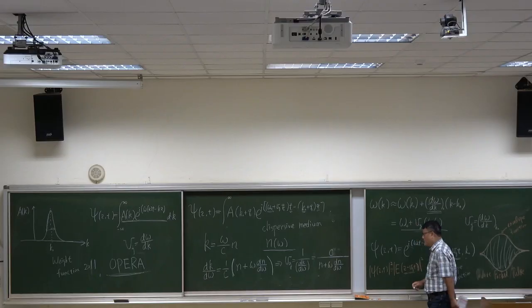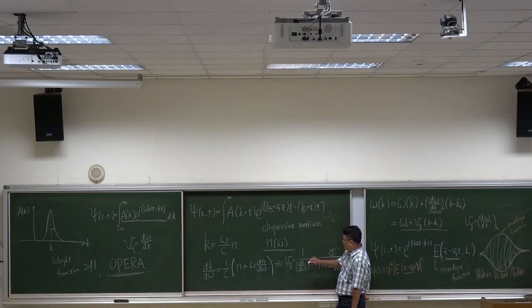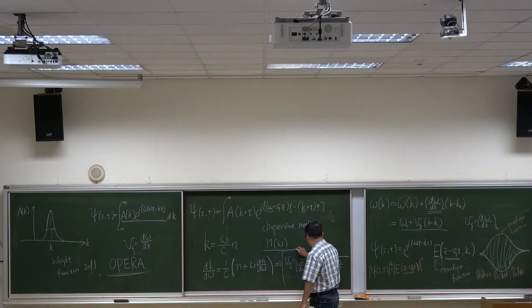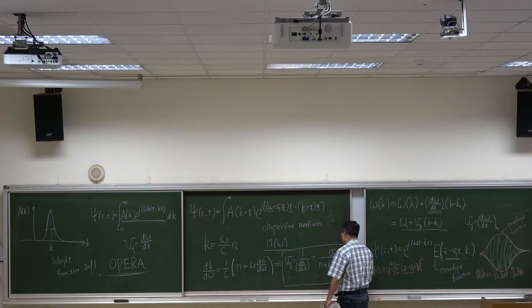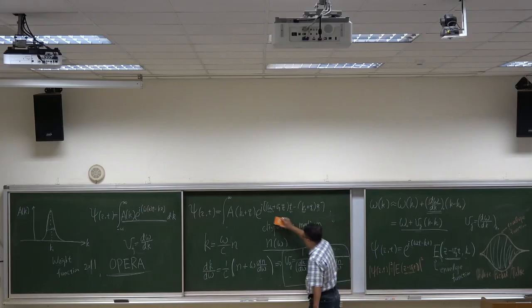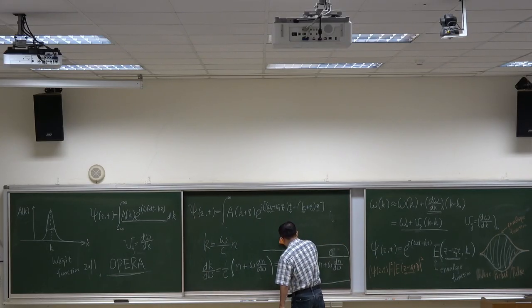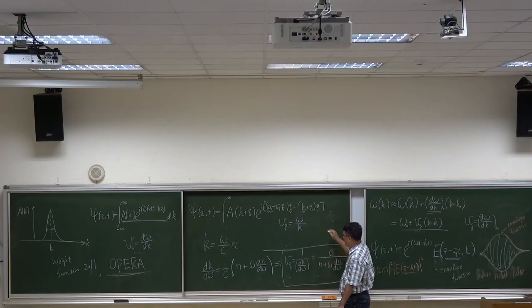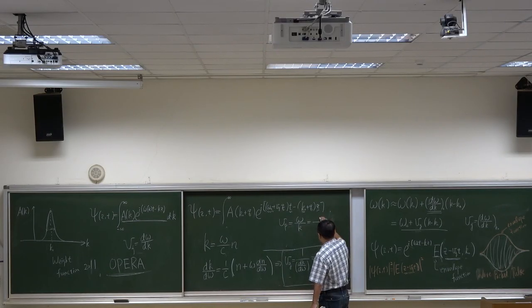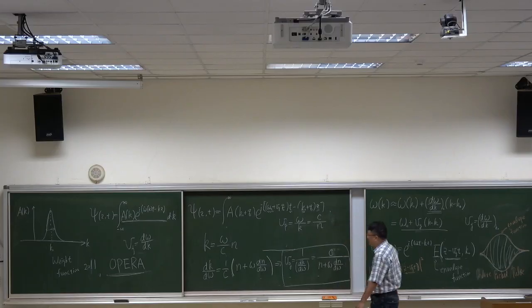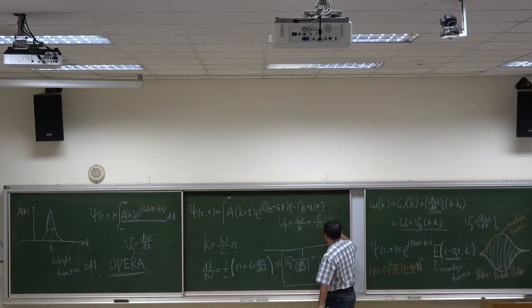So you see that this is the group velocity, and what is phase velocity? Phase velocity is this one, and this is equal to c over n. This is phase velocity. This is group velocity.